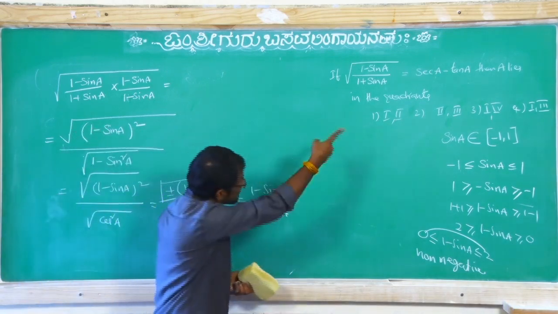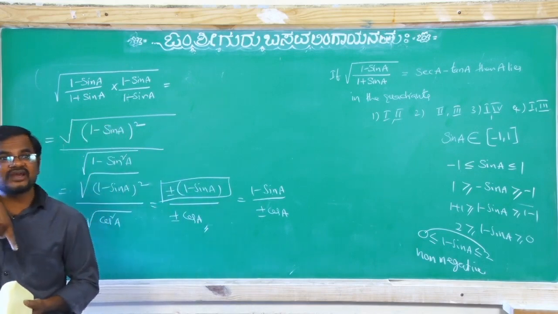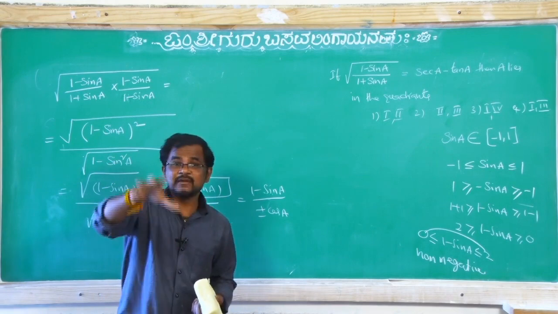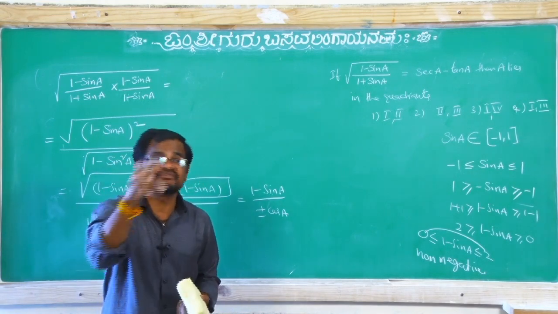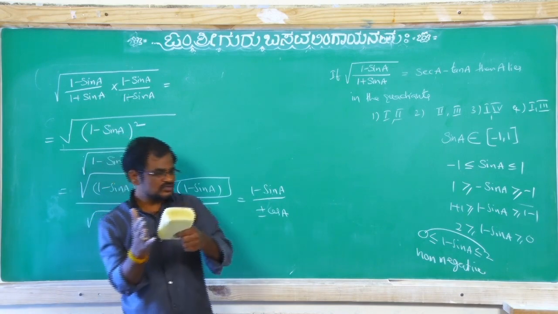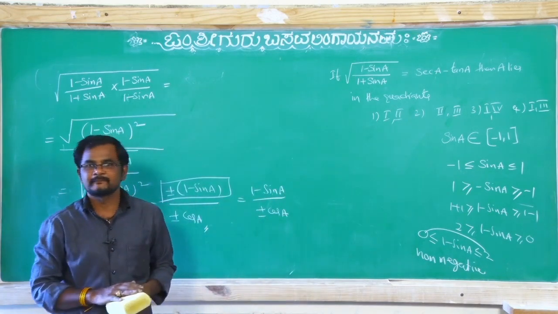But even though they are not asking whether it is plus or minus, what they are asking is: to get the right side, secant A minus tan A, A should lie in which quadrant? To sit in this class, what is the eligibility of you? Understood or not? Suppose you want to sit in the top section, what is the eligibility? That is what is asked here.